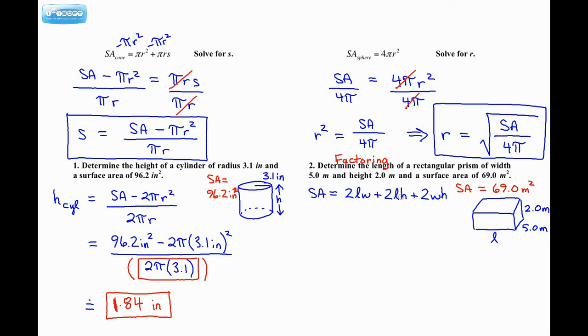And I'm just going to substitute all of the numbers that I'm already given in this question and then solve for L. So the surface area was, I'm going to leave the units out this time because I know everything is meters.